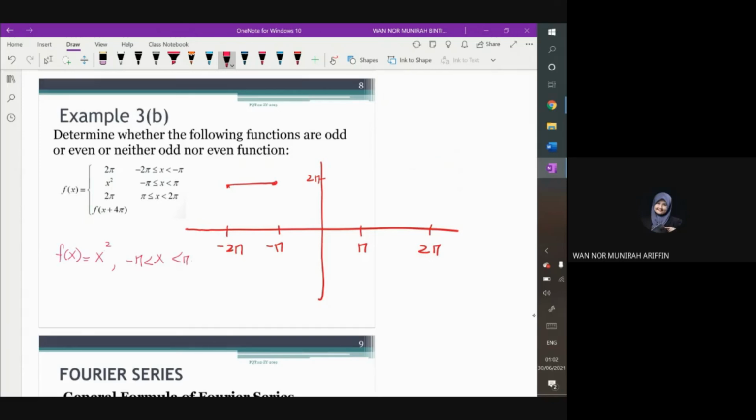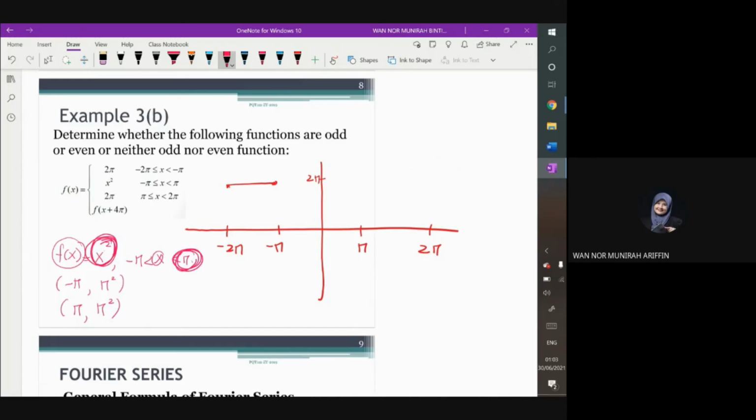When my x is negative pi, I substitute here. So negative pi square, your f(x) is pi square. When your x is pi, I substitute here, also. Because my x is pi, when x is pi, substitute here, I will have f(x) also equals pi square.